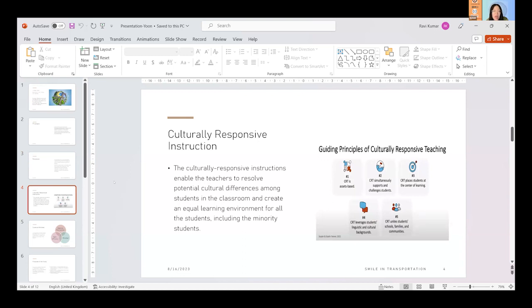So that's why this study tried to teach how to develop culturally responsive instruction to future STEM teachers, and then see if their STEM affinity improved.